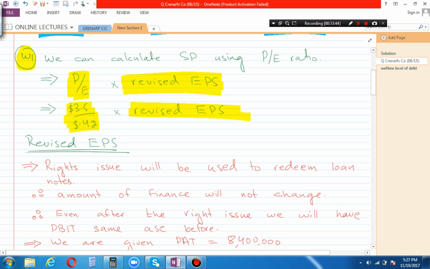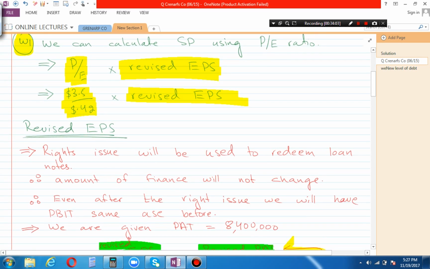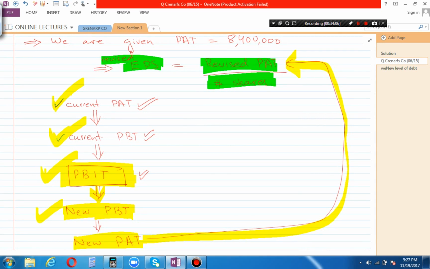Why the revised EPS? Because the interest level will change, and because of that the profit after tax will change, and then EPS will also change, because EPS is profit after tax divided by number of shares. So now you have to calculate the revised EPS. The current profit after tax is given to you, and you change that into profit before tax, and then into profit before interest and tax.